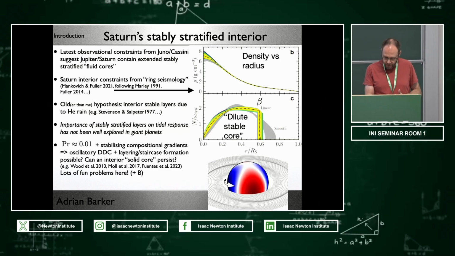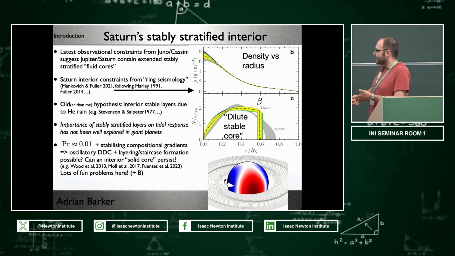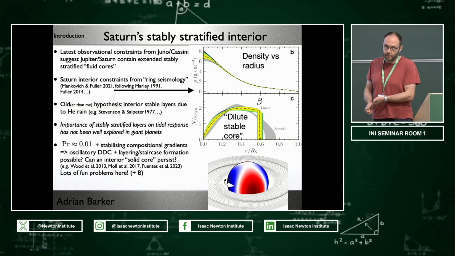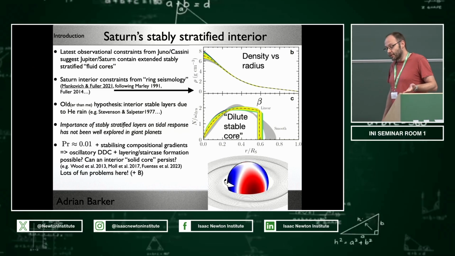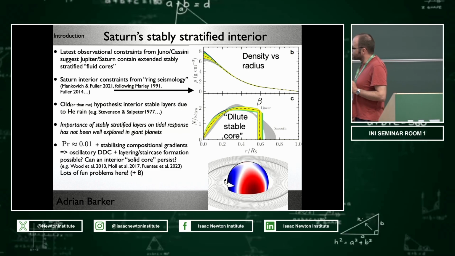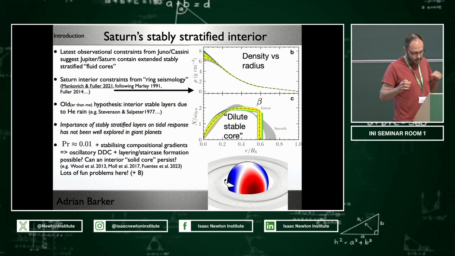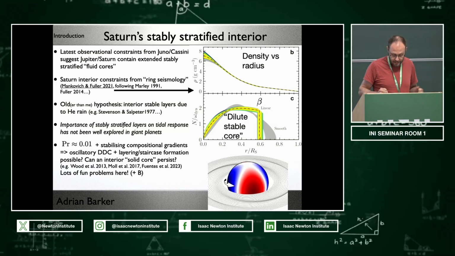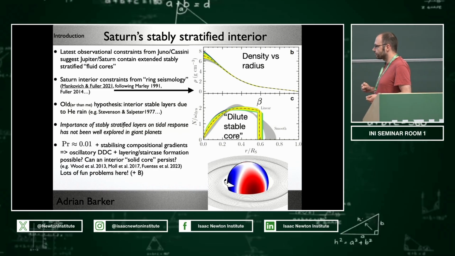So aspects that I won't touch upon, but are also important here, is that the Prandtl number in giant planets is small. So thermal diffusion is much more rapid than viscous momentum diffusion, and also than diffusion of composition. So it's possible in this regime, because we have stabilizing compositional gradients due to heavy element gradients in the interior, that we could have instability to oscillatory double diffusive convection, either in the past or possibly currently, although there's lots of uncertainties about that.